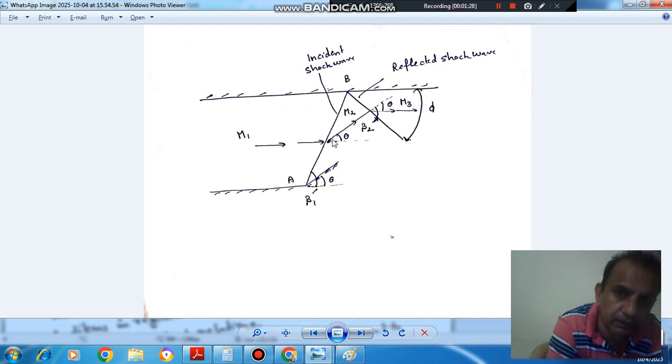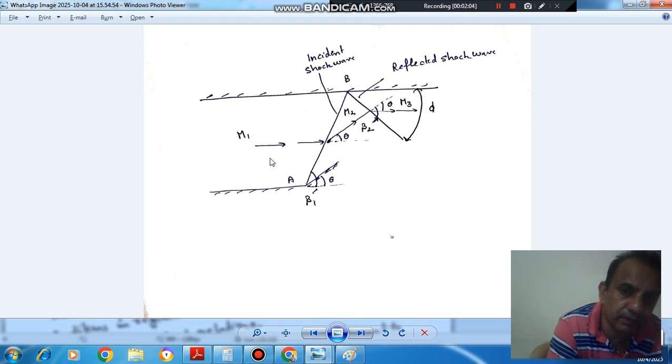So in this case, if the direction of the flow is in this direction, then the flow will get deflected here like this, by an angle theta, same angle in this case, because this is your straight wall, and the flow will become parallel to the wall, because we have assumed that these two walls are parallel. So if this angle is theta, then this deflection angle would also be theta if these walls are parallel.